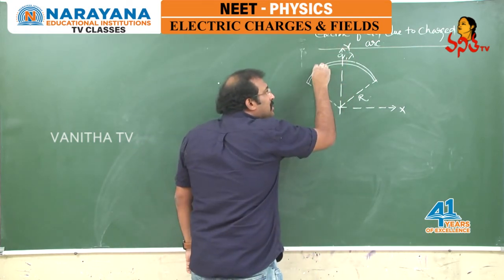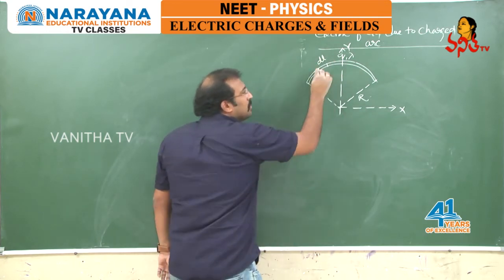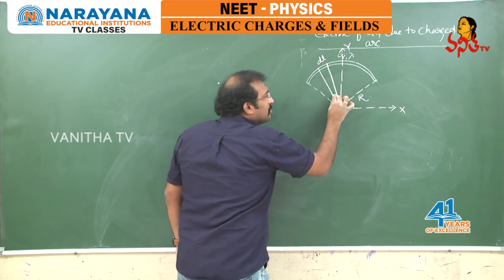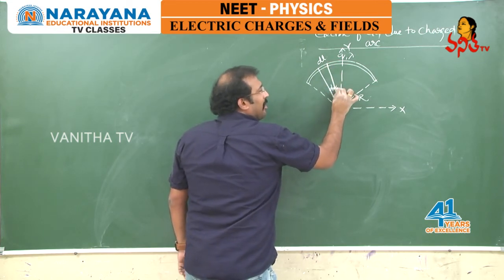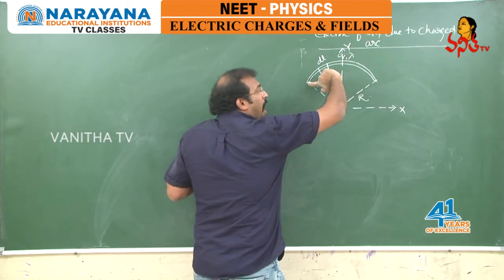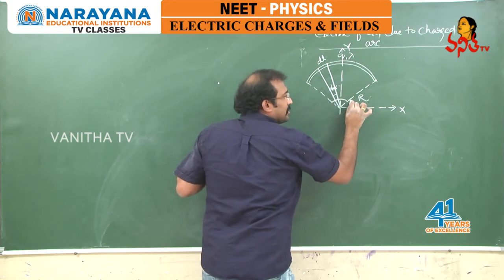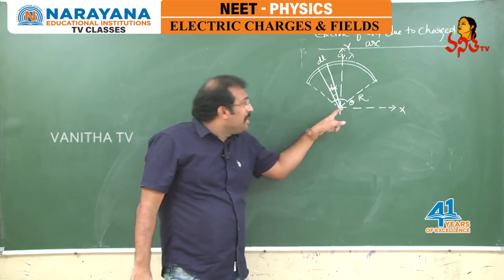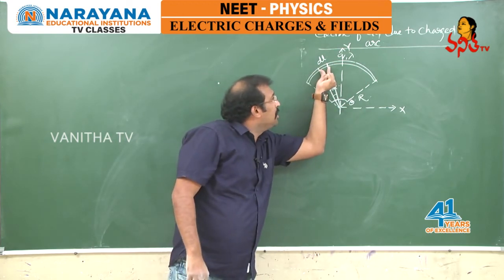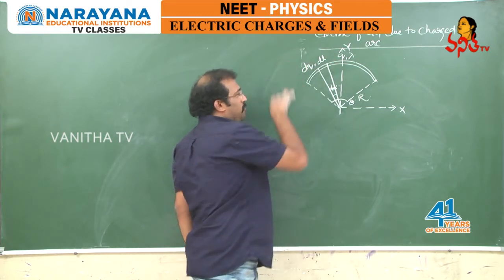Consider a small element of length dl which makes an angle d alpha at the center. Let the arc make an angle theta at the center. The charge of the small element will be dq.